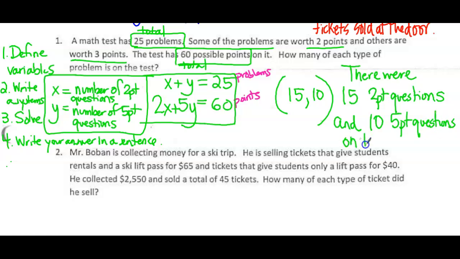There were 15 2-point questions and 10 5-point questions on the test. And that's our first example. So you have to read it carefully, you have to define your variables, you have to write a system, you have to solve it, you have to write your answer in a sentence.